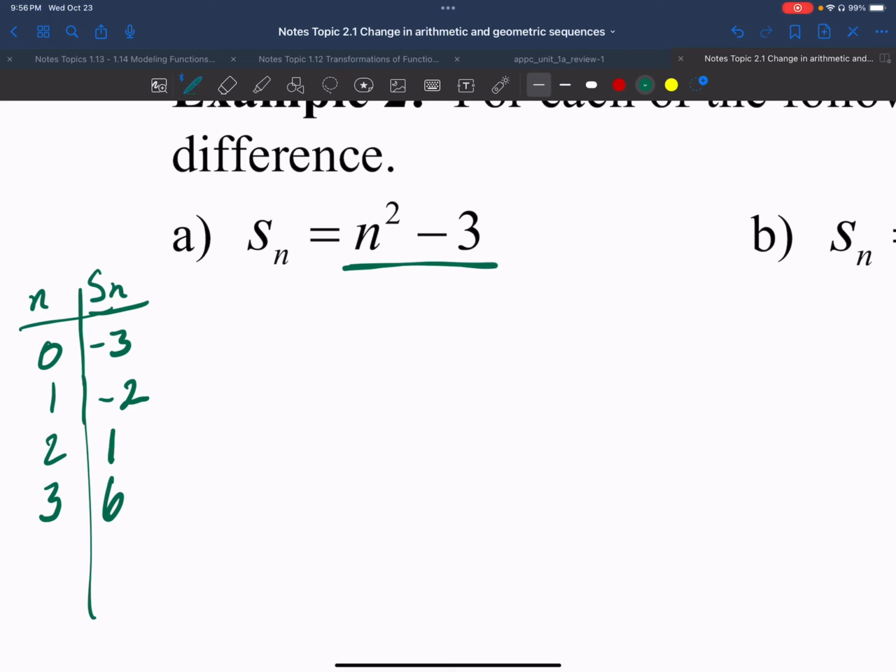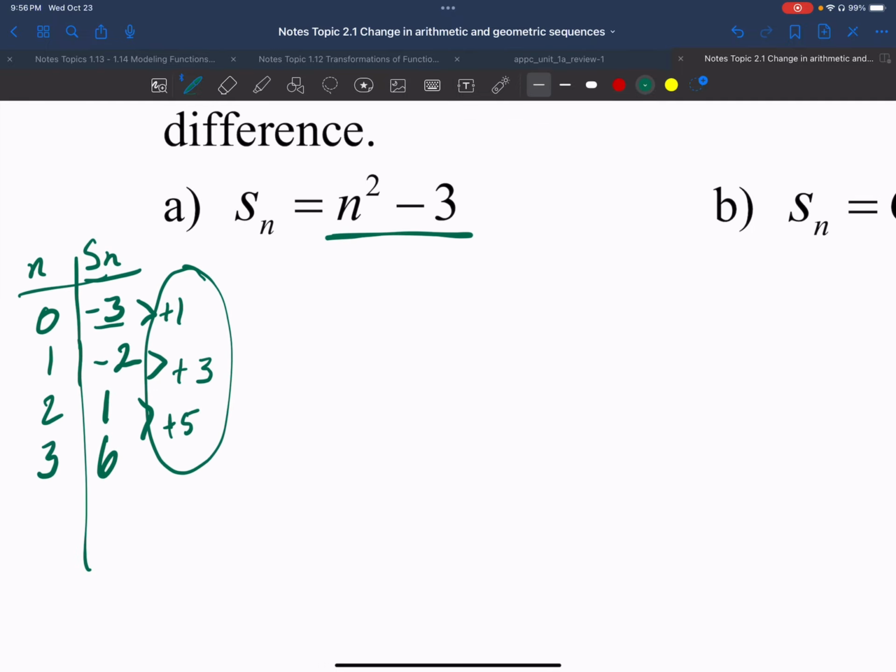I am looking for a common difference here. So to get from negative 3 to negative 2, I have to add 1. To go from negative 2 to positive 1, I have to add 3. And then to get from 1 to 6, I have to add 5. These are my numbers to get to the next one, or my differences. They have to be the same number in order for this sequence to be arithmetic.